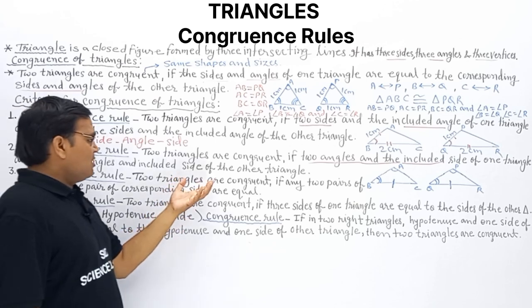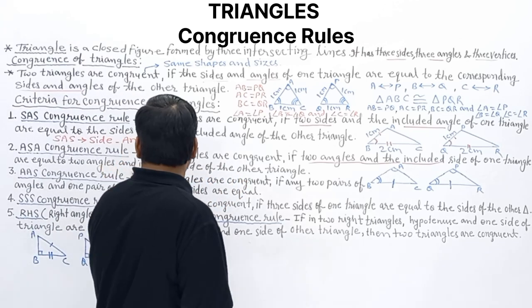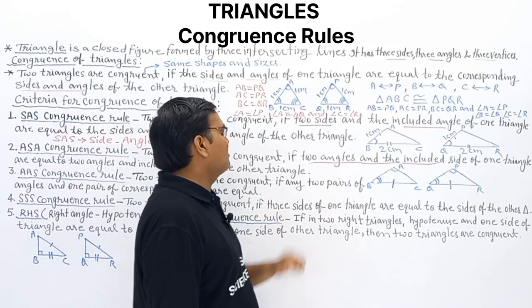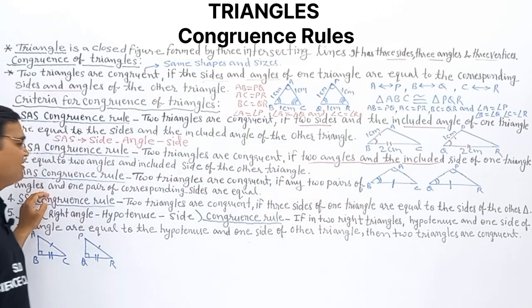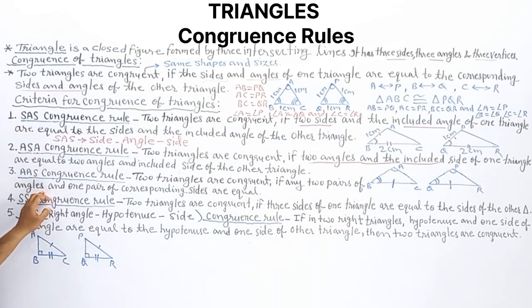Two triangles are congruent by this rule if any two pairs of angles, that is, out of the 3 angles any 2 angles of one triangle, are equal to the other triangle's angles, and one side is equal to the other triangle's side. Then we can say angle side congruence rule.